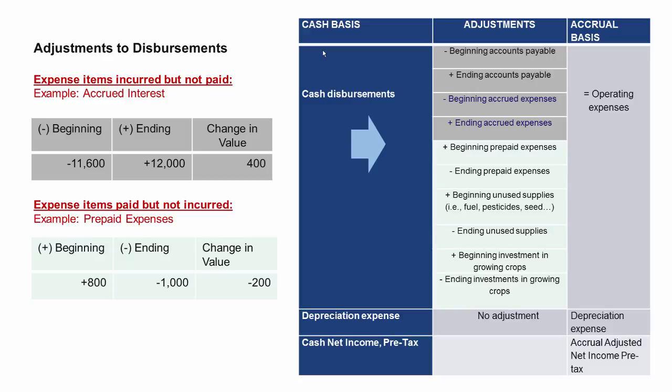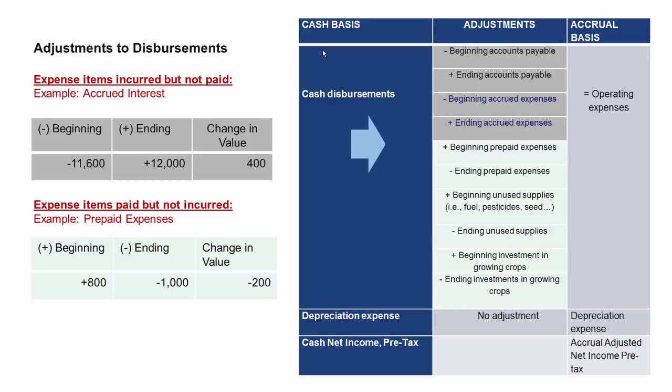The second procedure is for expense items paid but not incurred. Prepaid expenses, supplies, and investment in growing crops have a different adjustment because the timing of the cash expenditures is different. Cash was spent during the previous accounting period, but these were used for production during the current year.